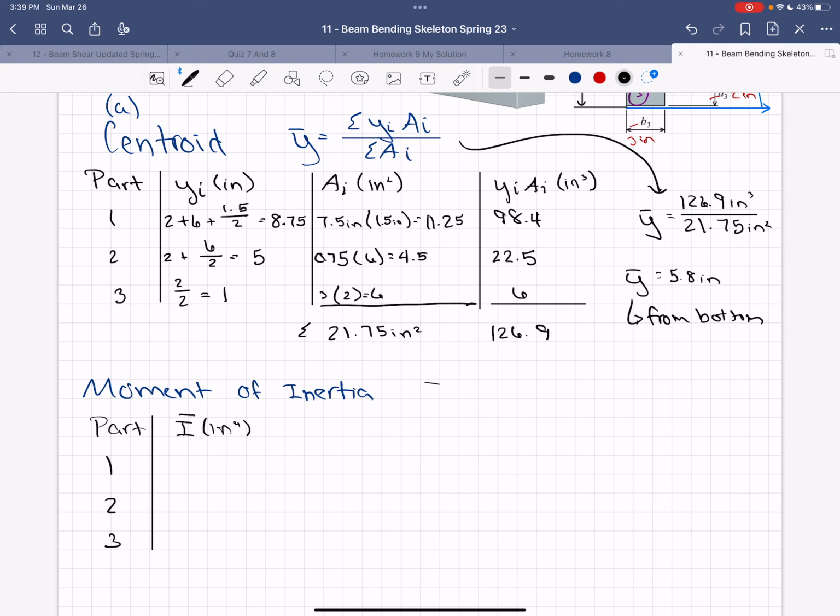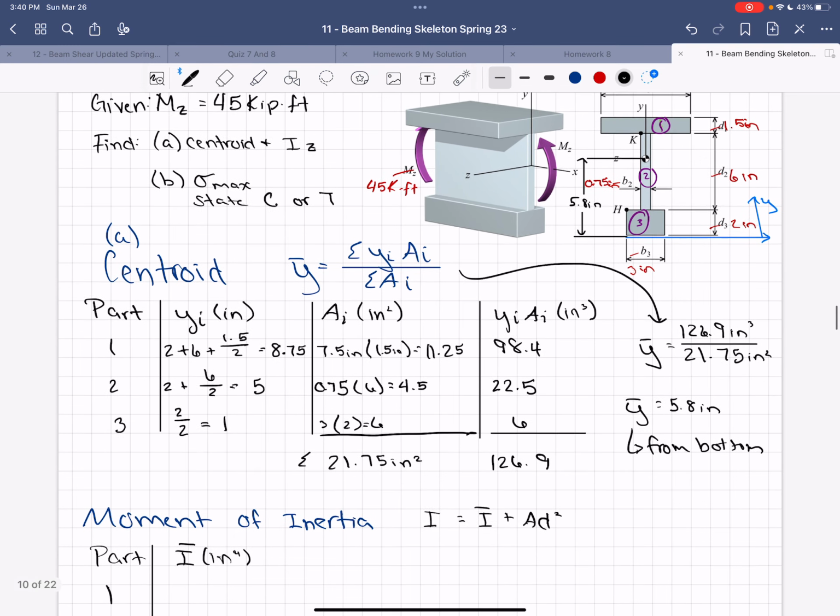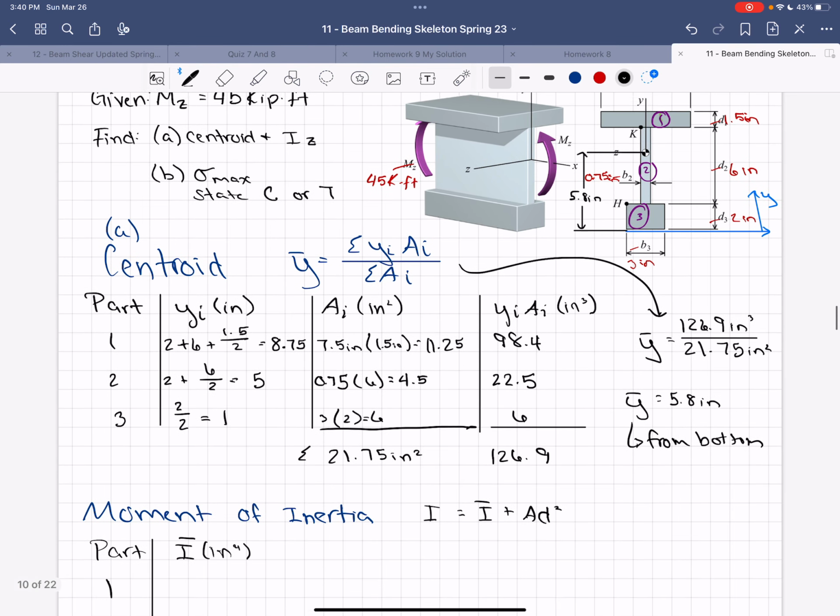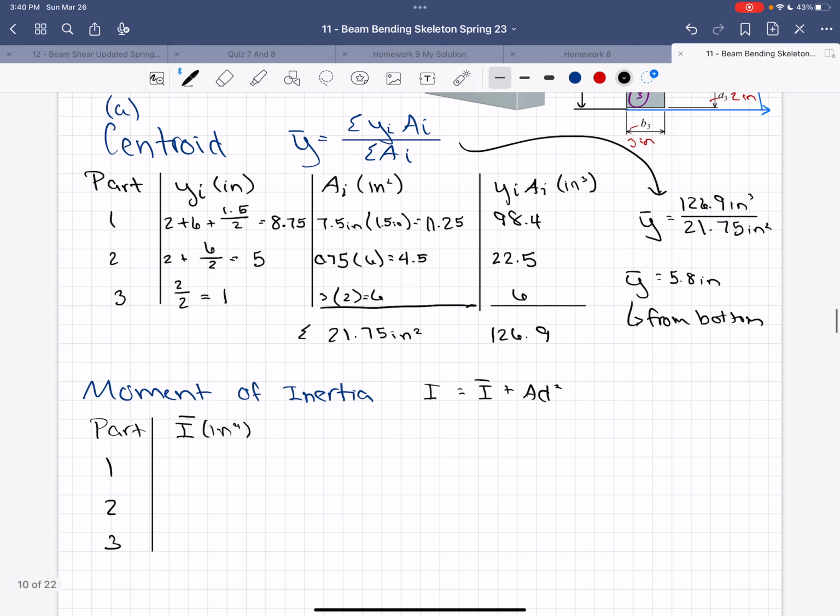The moment of inertia was parallel axis theorem. Okay, so we have part 1. B is 7.5 inches.